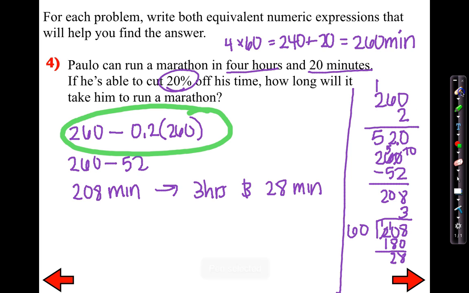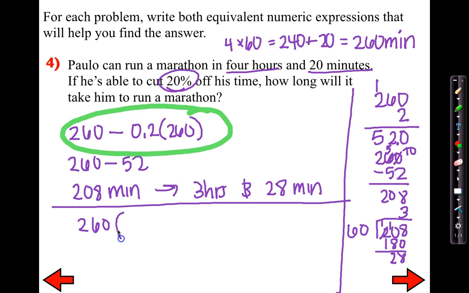But the other way to think of it is, instead of taking 20% and subtracting that from my original 260 minutes, I can simply calculate what 80% of that is.